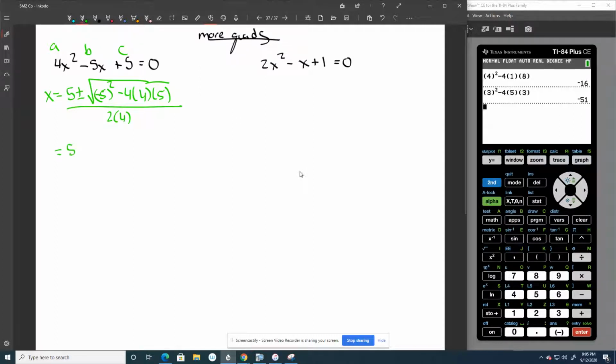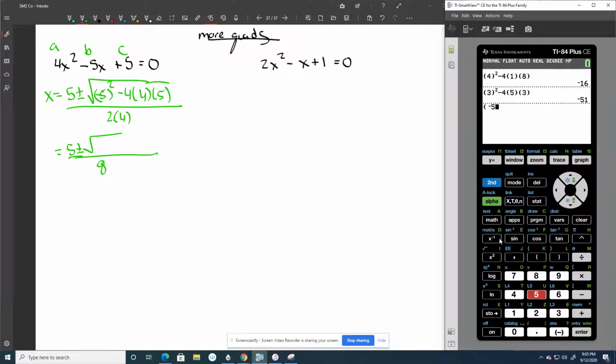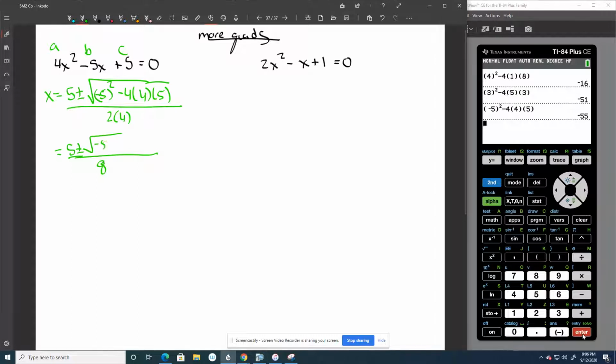So when I rewrite 5 plus or minus, 8 goes on the bottom, and I'm going to get the square root of, let's see, negative 5 squared minus 4 times 4 times 5, which is negative 55.